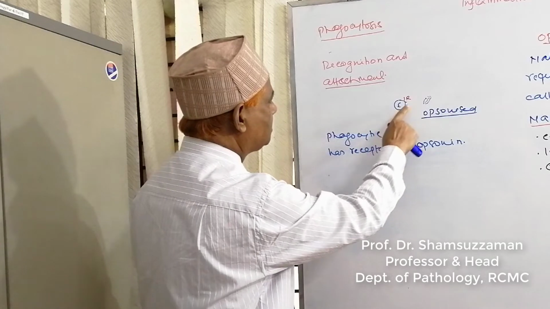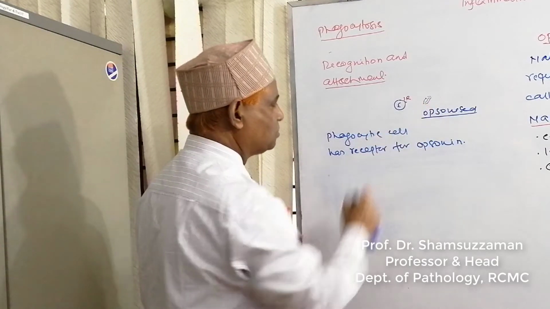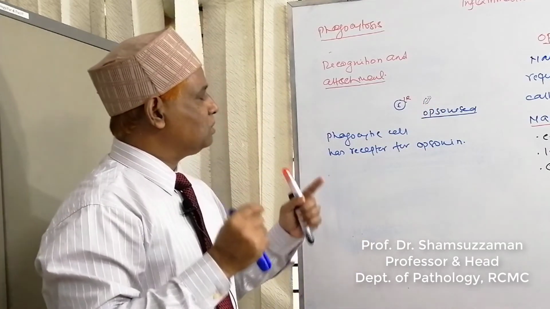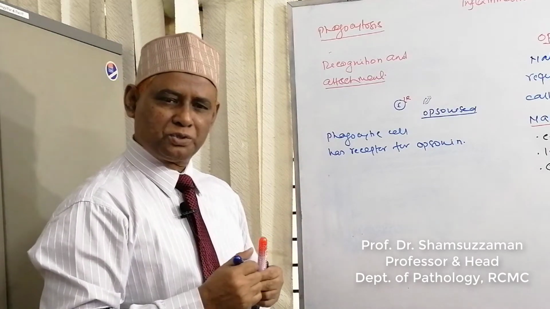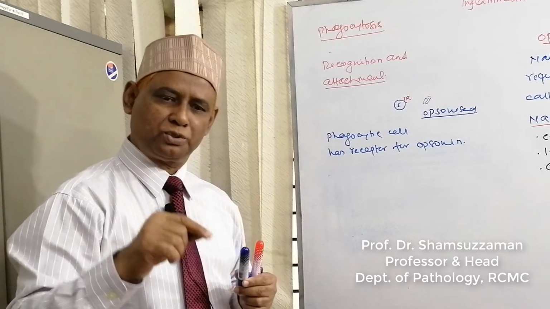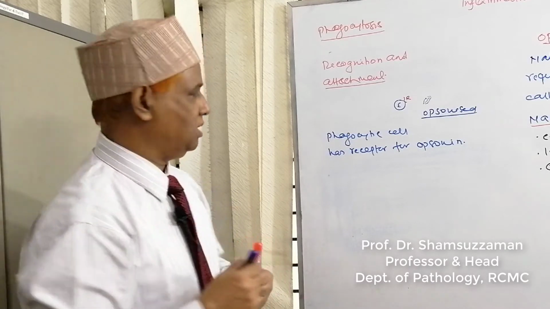As the phagocytic cell has receptor for opsonin, it binds with the opsonized material, that is, binds with the opsonin of the opsonized material.